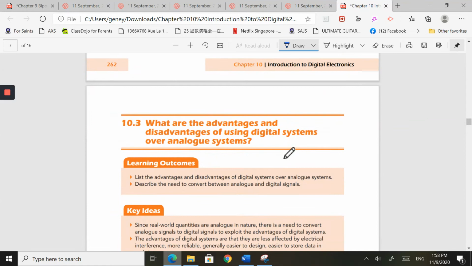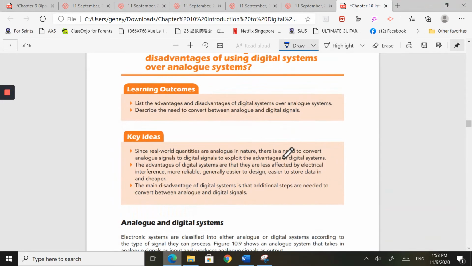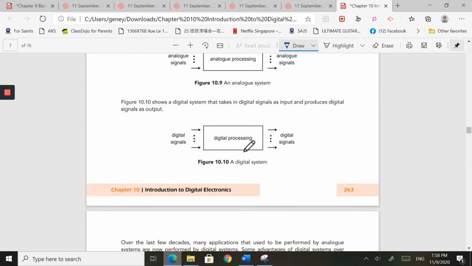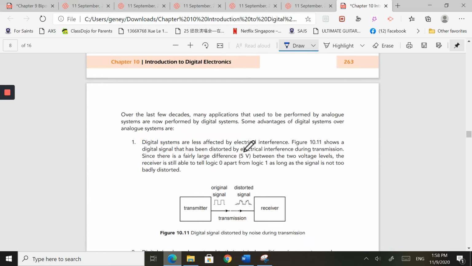Okay, so what are the advantages and disadvantages? It might seem like, wow, why don't we all work in digital signals? The problem is that the world we live in gives us mainly analog signals. Think about it, the volume that I'm speaking with is not a consistent volume.